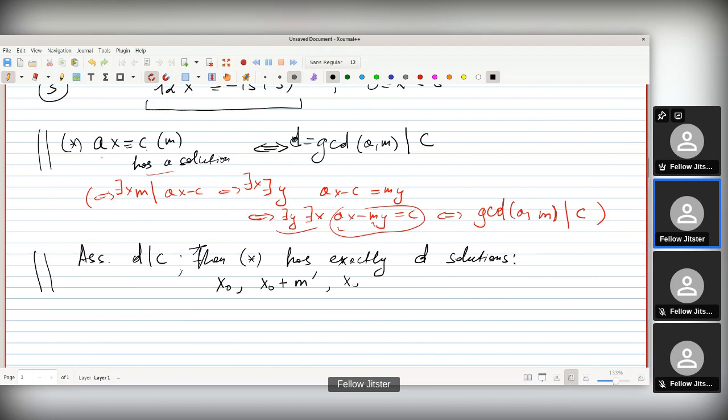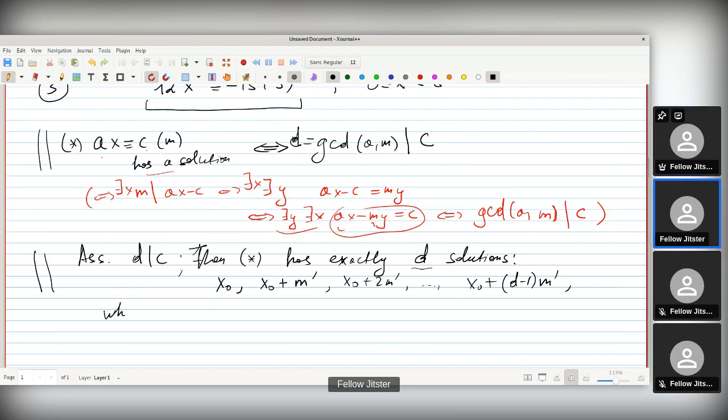Oh, yeah. And now let us explain this notation. So x0 and then with a period of M prime, we have D minus 1 more solutions. Overall, we have D solutions. Is it clear?